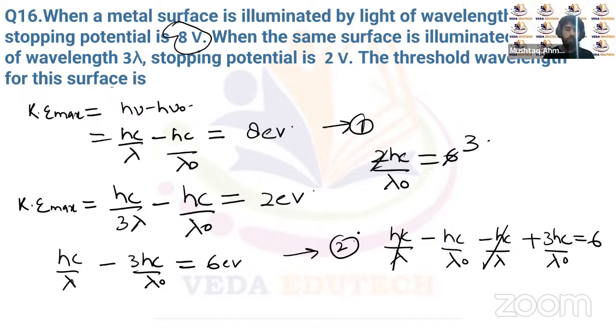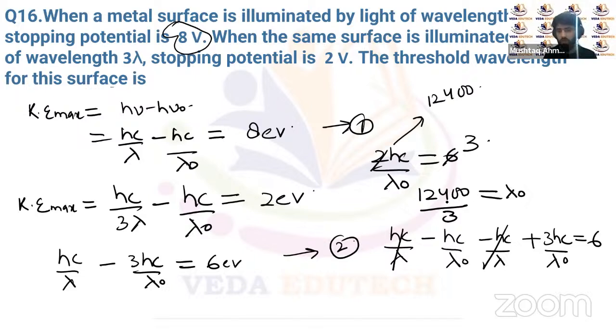Now, in order to calculate the threshold wavelength of this metal surface in terms of angstroms, we have to take the value of hc as 12400. So 12400 divided by 3 will be equal to lambda naught, in units of angstroms.